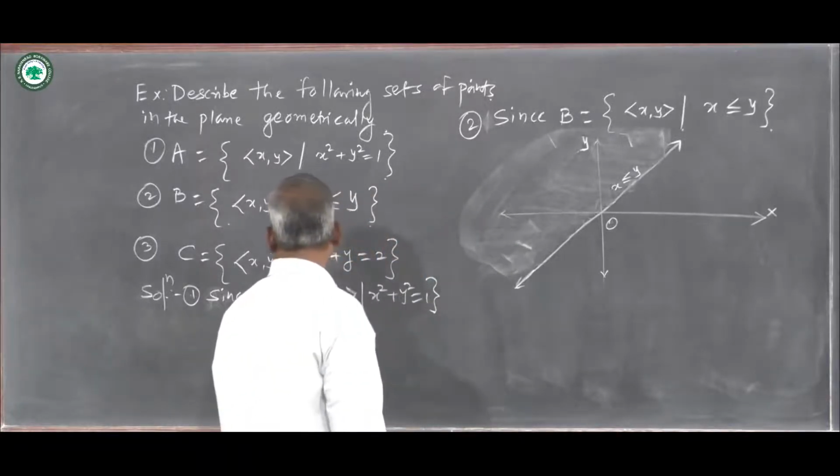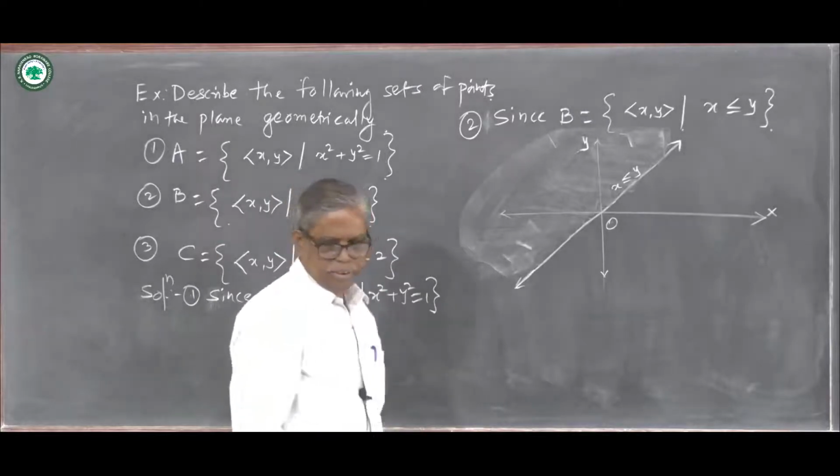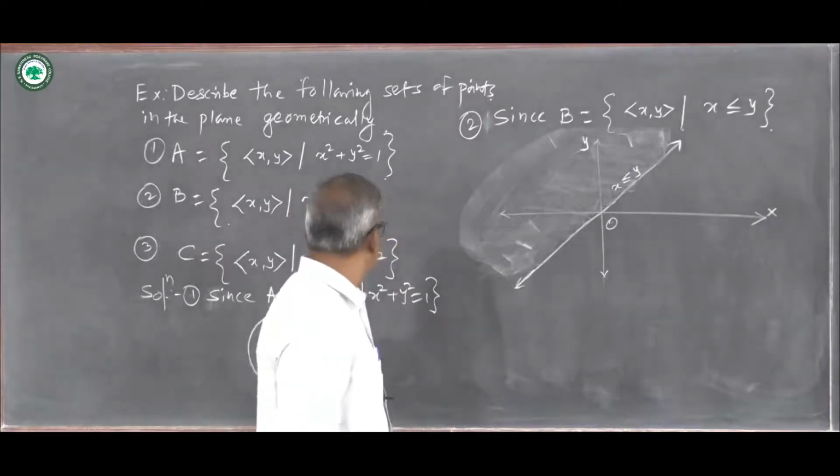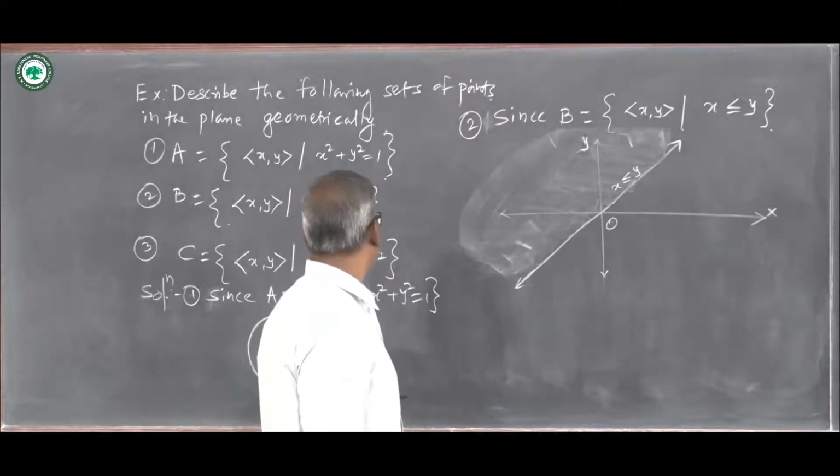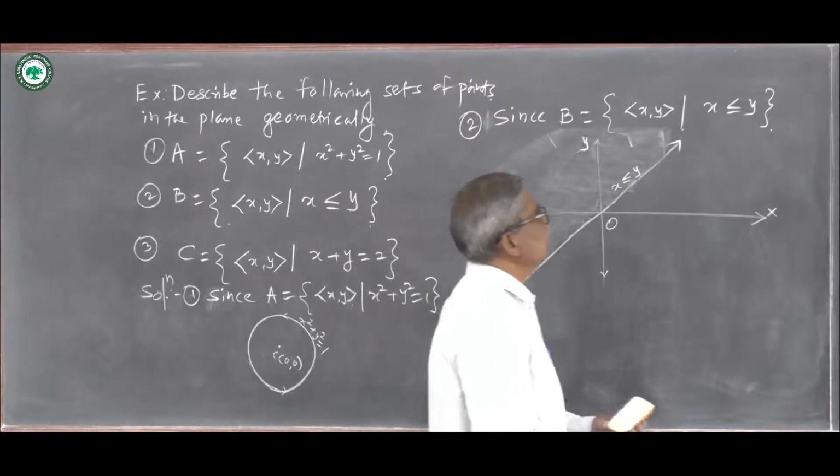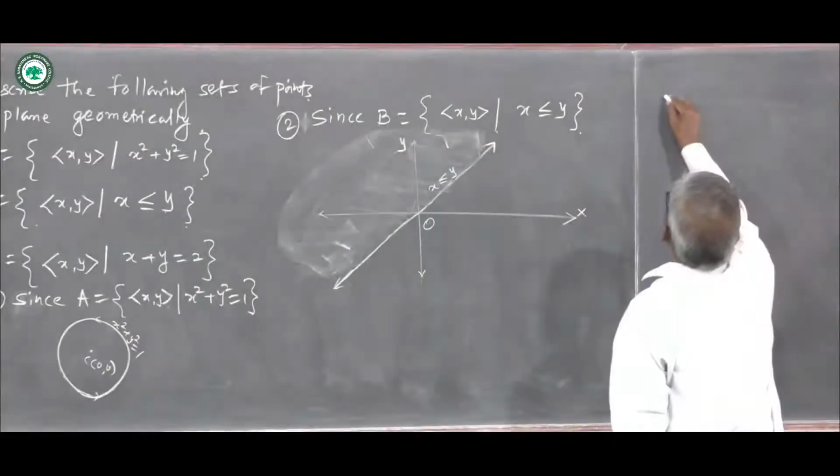Third one. C is the set of all points such that x plus y is equal to 2.